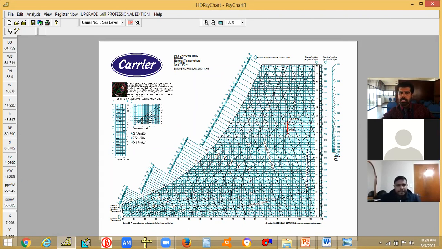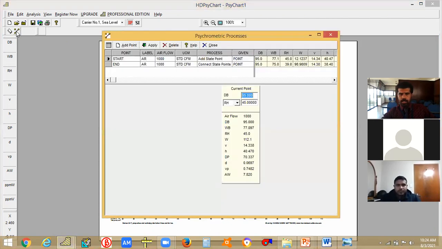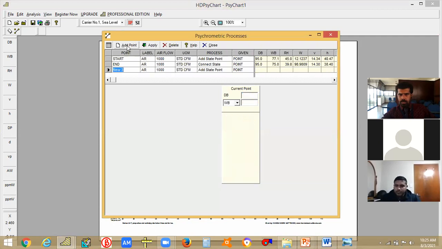So I'm explaining from the beginning. Go to this state. Click there. Go to add point and give a dry bulb temperature. Next, you can choose any one from this slot and give its value.